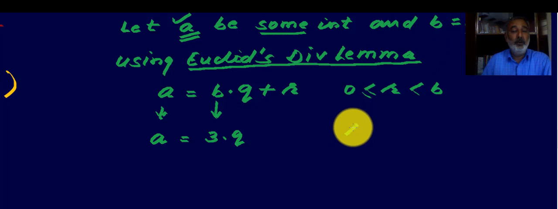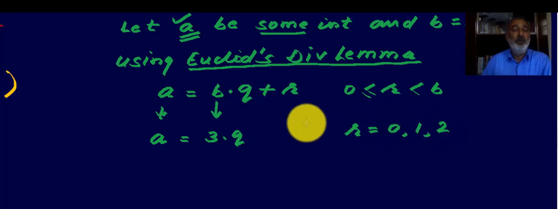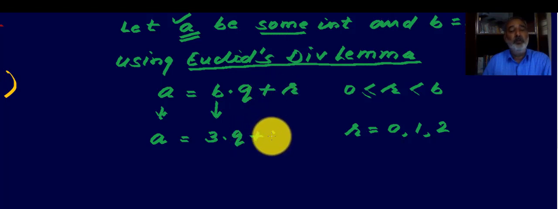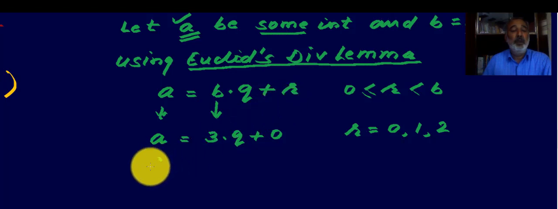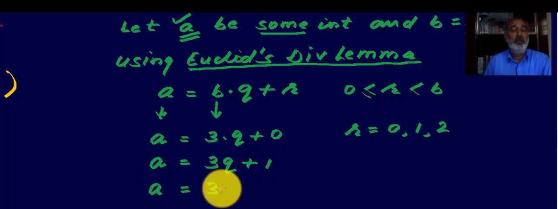How can you find out? r can have values 0, 1 and 2. So I am replacing this value from 0. It will be the first form, 3q. a can have one more form, 3q plus 1. a can have one more form, 3q plus 2.